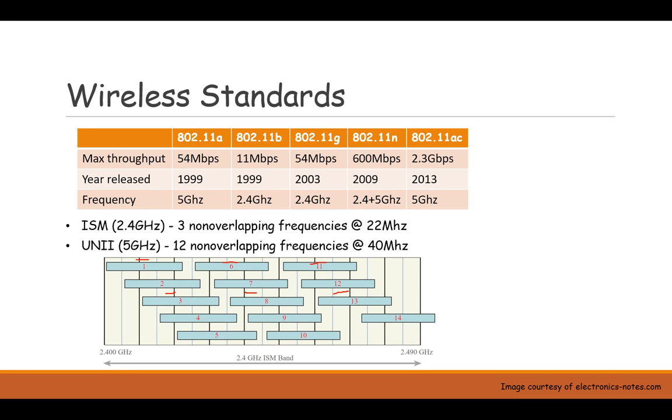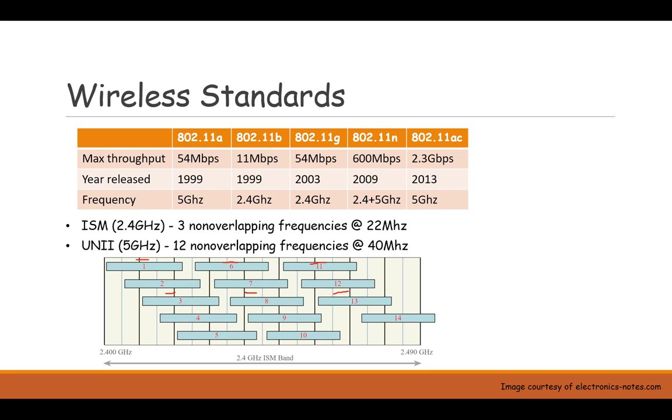You can see that IEEE has steadily improved wireless communication, with 802.11ac giving throughput of 2.3 gigabits and operating in the 5 gigahertz band. The most recent standard released, and I'm talking here in the middle of 2019, is 802.11ax, which is set to replace 802.11n and AC.